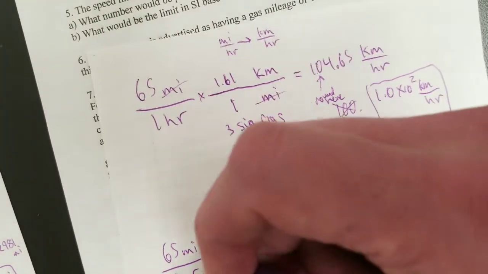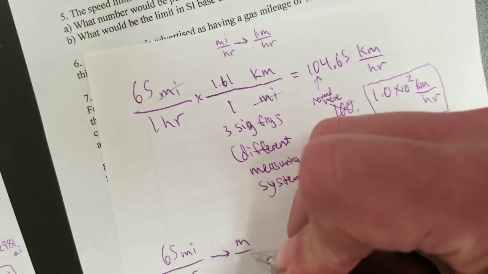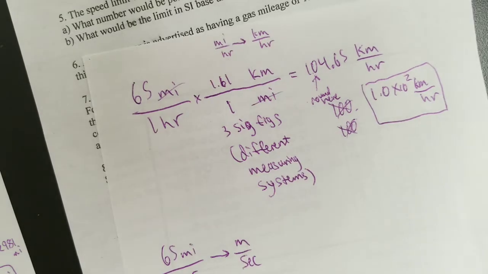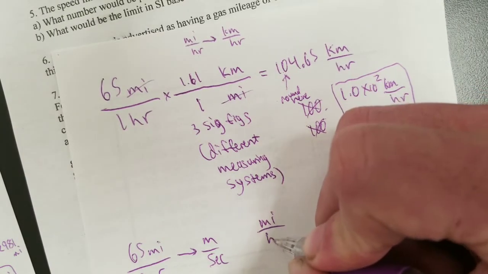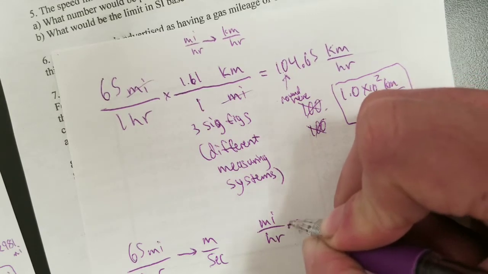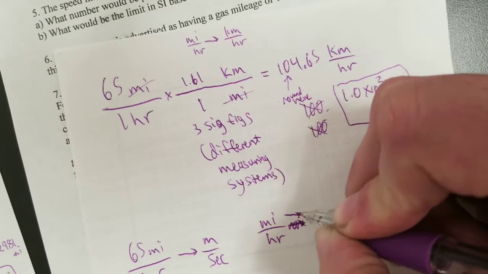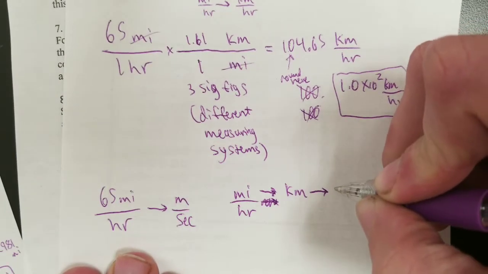So miles per hour somehow has to get to meters per second. Here's what I'm going to do. On the top, I'm going to turn miles to kilometers, and then kilometers can be turned into meters.